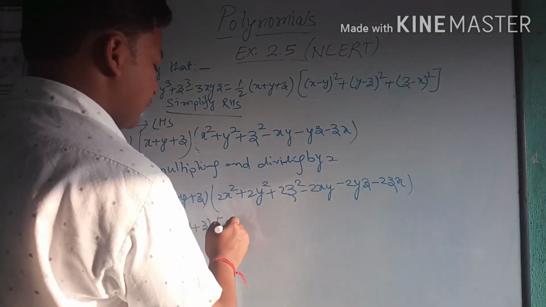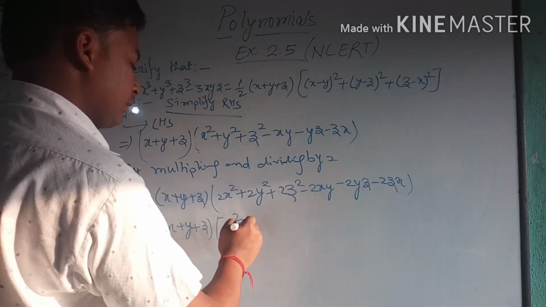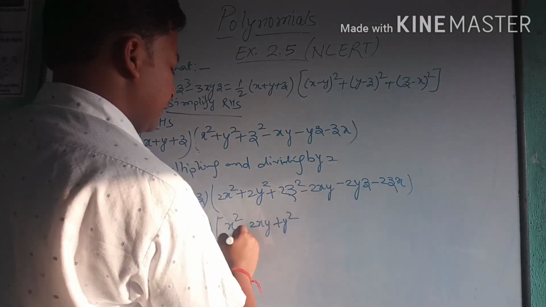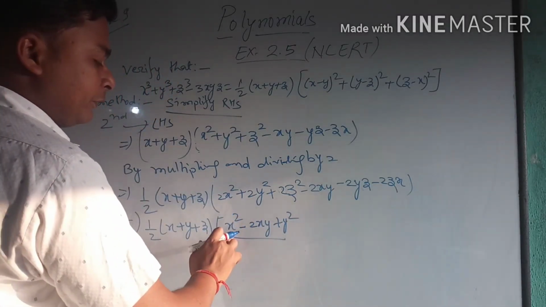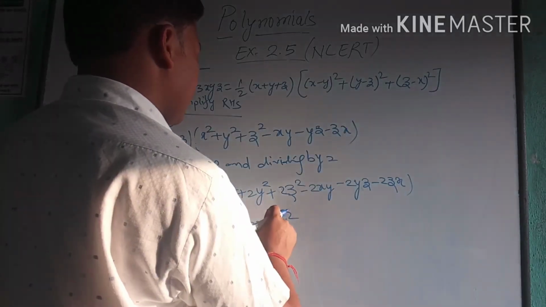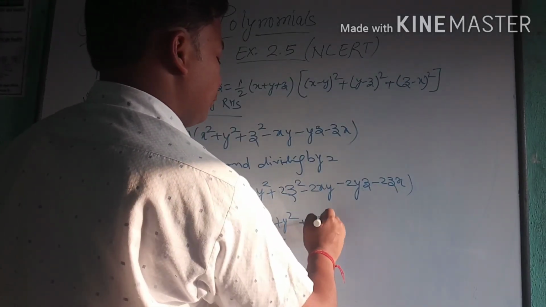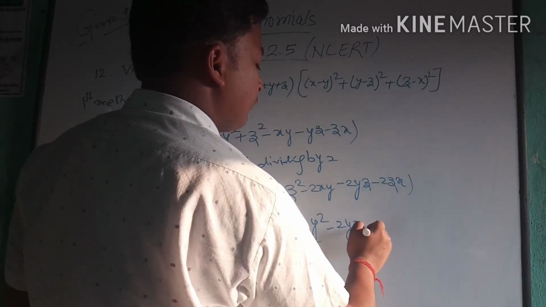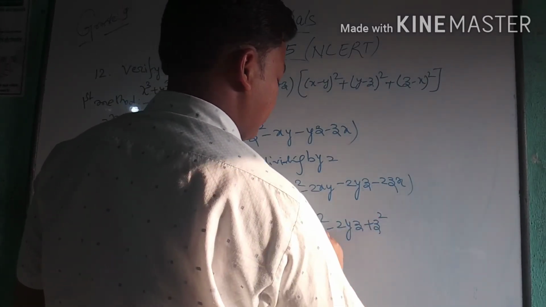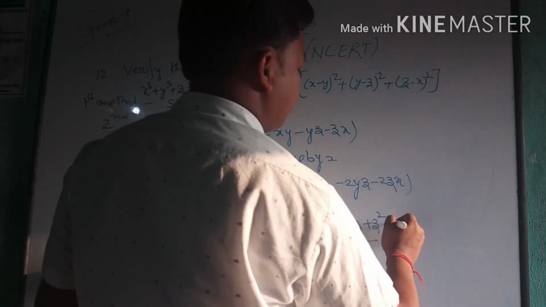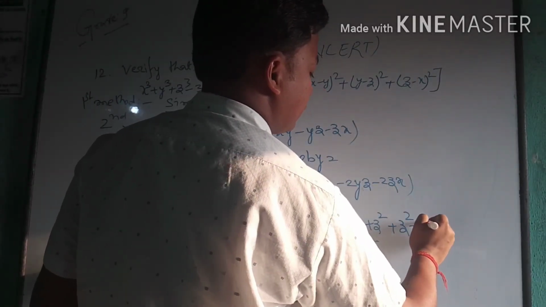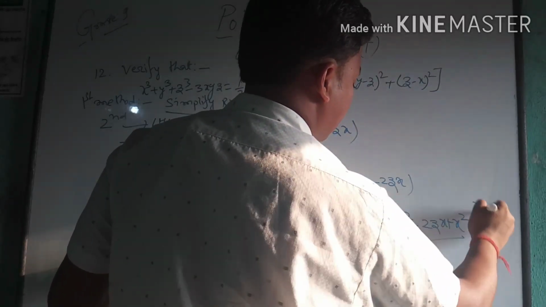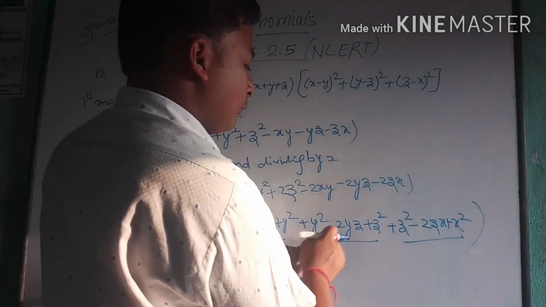Now half x plus y plus z, x square can be split in the form of x square minus 2xy plus y square all together, because we have 2xy, we can write the other one afterwards. One more y square is here, minus 2yz, and with yz we will write z square, the second term. And the third term is z square minus 2zx plus x square, because in the front 1x square was there, here 2y, here 2z.